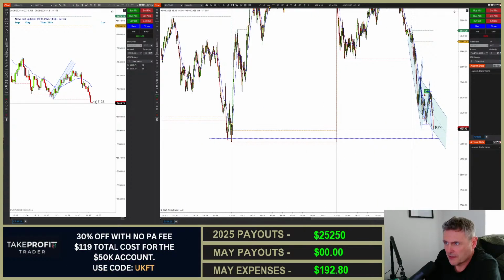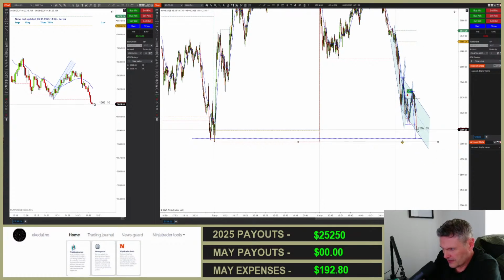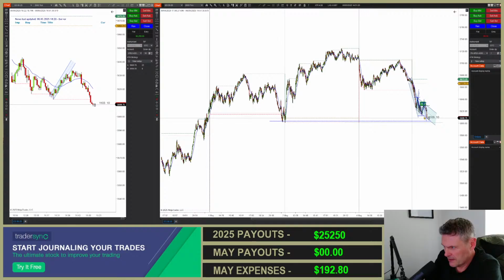Let's just put a little mark there. There, fraction lower. So yesterday's lows. So whether we bounce here or push through it, who knows?